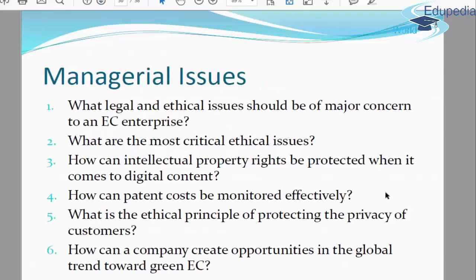Alright, we are approaching the end of the chapter, and the managerial issues. If you have your own business, for example, I have my Scrumptious Indulgence. Now, when I think from the perspective of my own business, what legal and ethical issues should be of major concern to an electronic commerce enterprise? Health issues are there, and many issues in the cake industry.